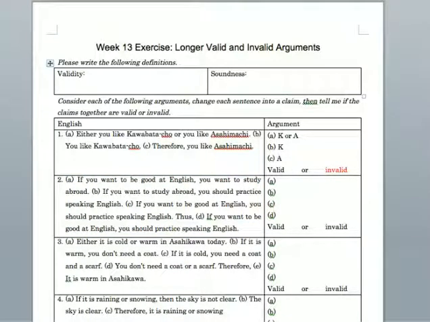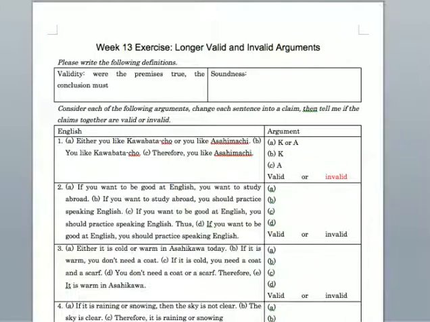The definition of validity. Validity is the property where, if the premises are true, the conclusion must be true.